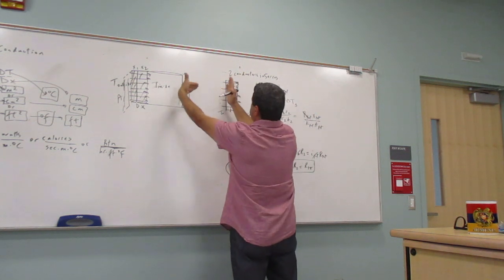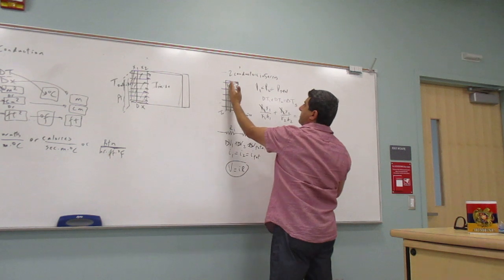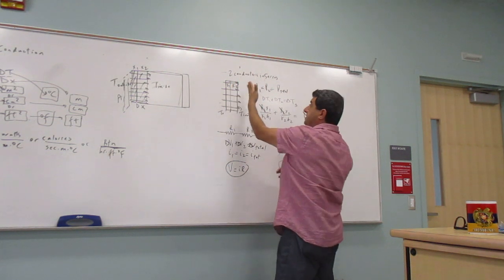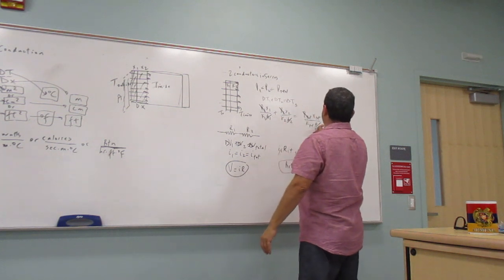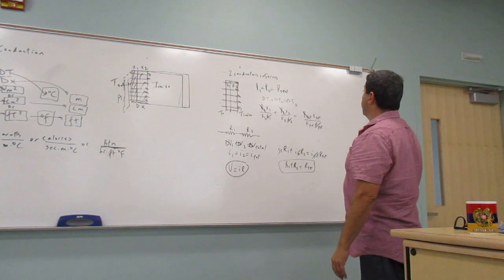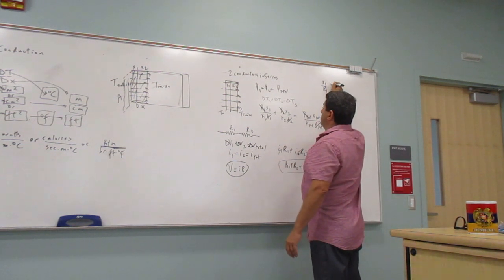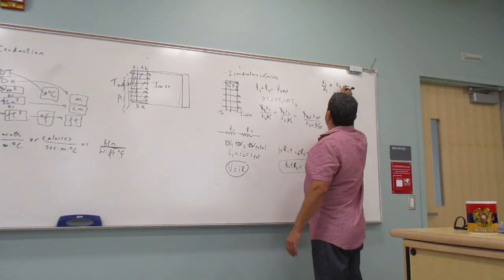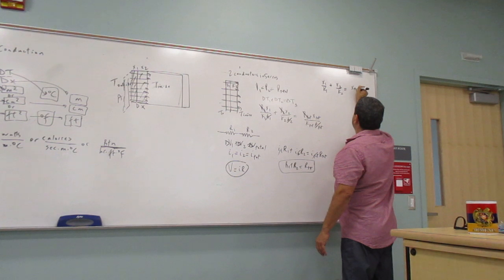It's the cross-sectional surface area that the heat has to flow through. So A1 is the same as A2, which is the same as the total area, right? So that cancels, and you end up getting X1 over K1 plus X2 over K2 is equal to X total over K total.